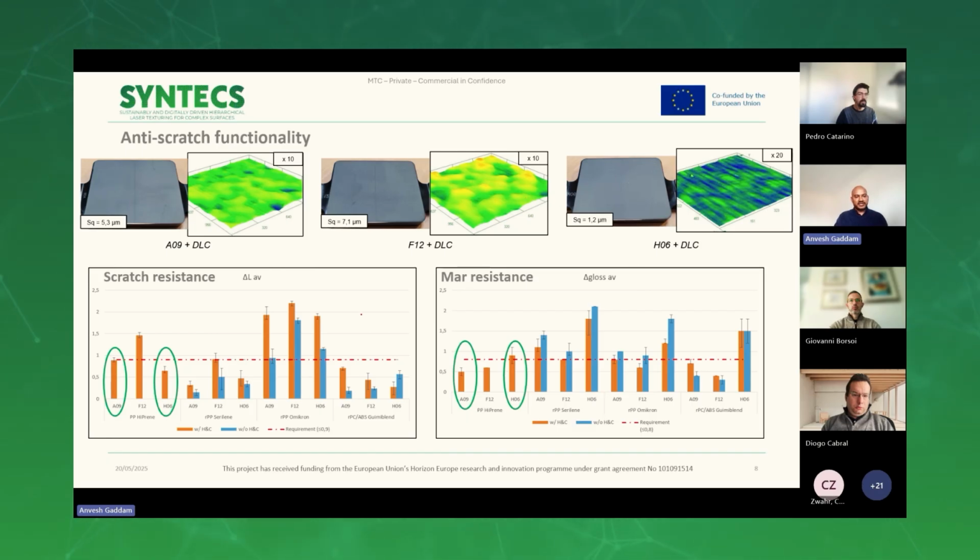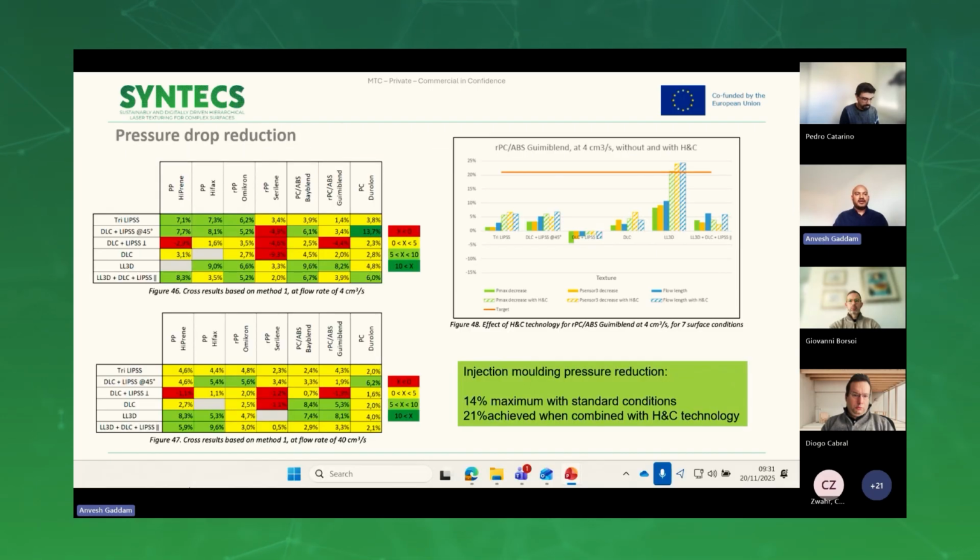And the plots below show the scratch resistance and mar resistance on the surfaces tested by Stellantis. And as you can see, not all the textures and not all the polymers have given rise to good performance. For example, A9 and H06 textures have performed very well compared to the other textures, both in terms of scratch resistance and mar resistance.